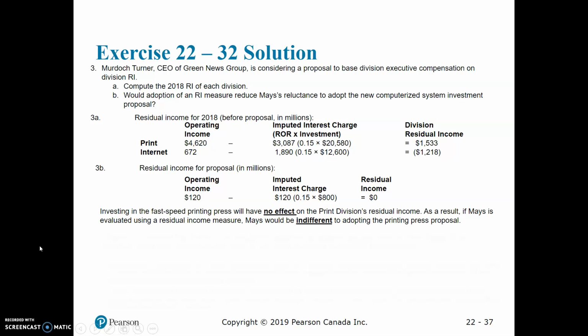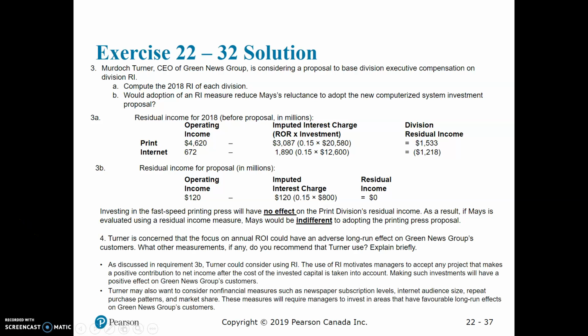So, in essence, investing in this fast-speed printing press will have no effect on the print division's residual income, and from Maze's perspective, she will be indifferent to adopting the printing press proposal.